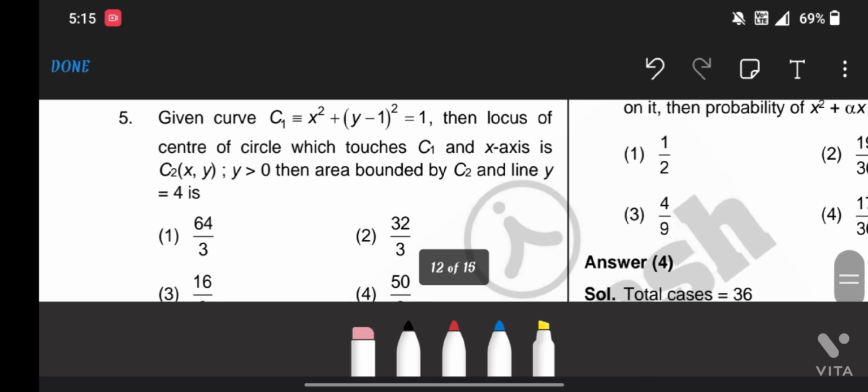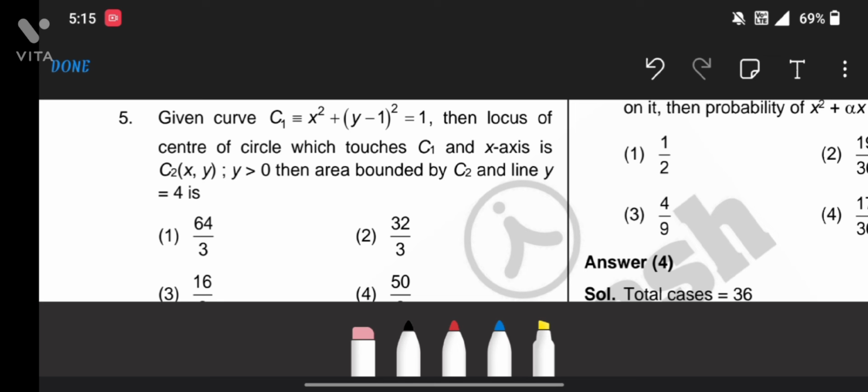If we calculate like this, we will get A is equal to 2 integration of (4 minus x square by 4) dx, is equal to 2 [4x minus x cube by 12] from 0 to 4.